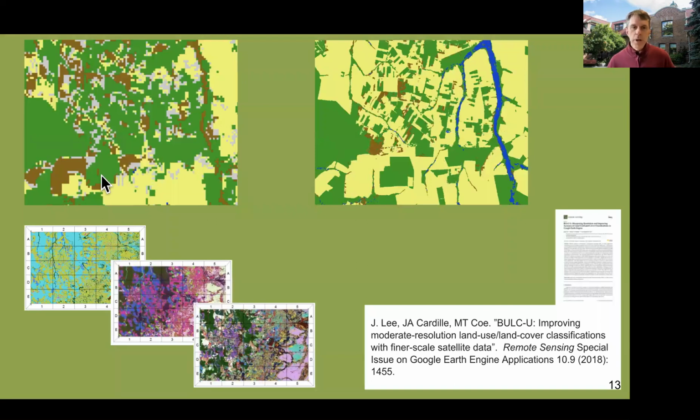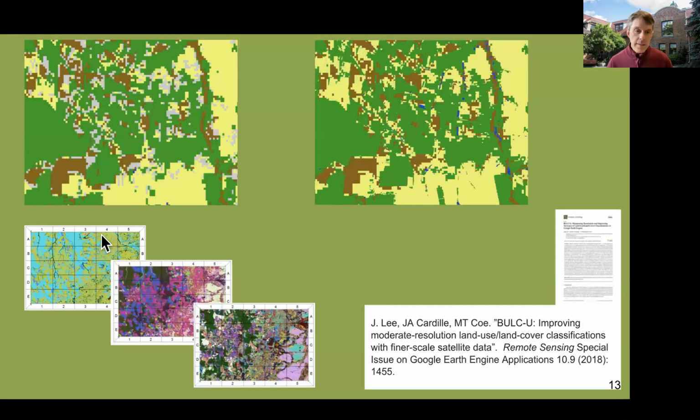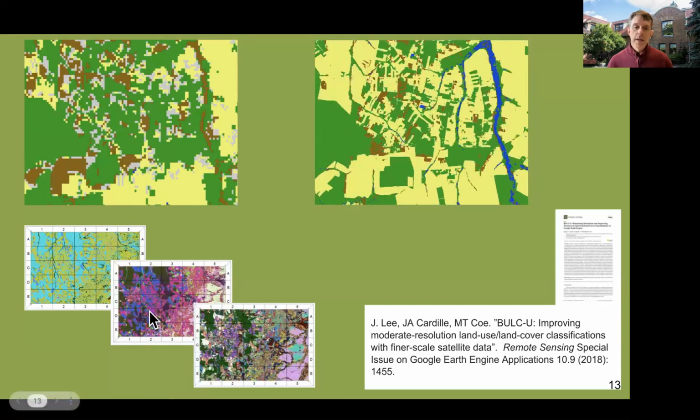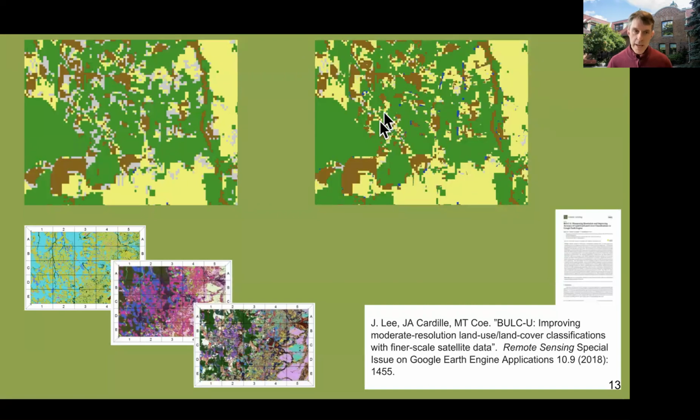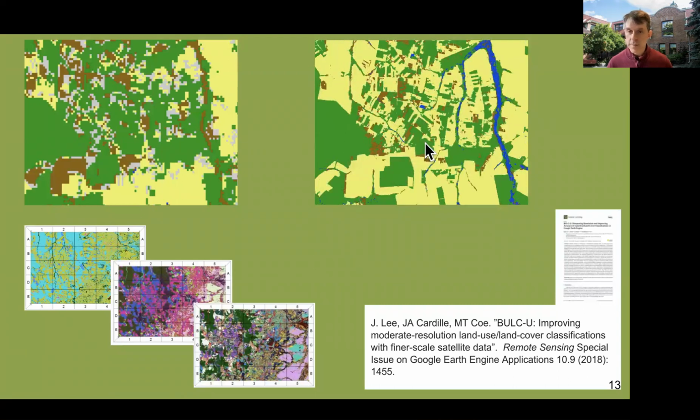The GlobCover classification is quite good as a 300-meter classification. And yet, if we have this additional evidence available, we can use bulk, this Bayesian concept, to sharpen that classification and to do some correction of that classification also.